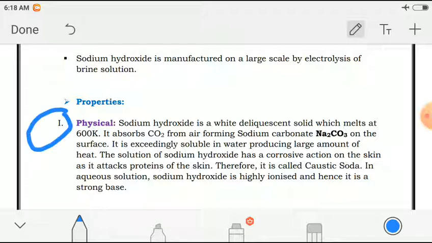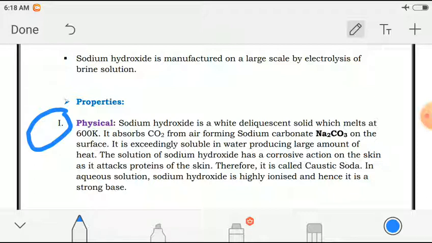In this physical property, sodium hydroxide is a white deliquescent solid which melts at 600 Kelvin. It absorbs carbon dioxide from air, forming sodium carbonate, that is Na2CO3, on the surface. It is exceedingly soluble in water, producing a large amount of heat.